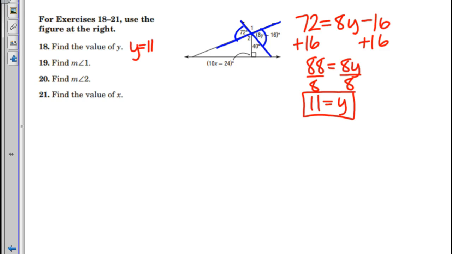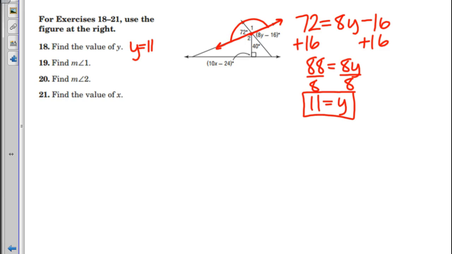All right, now we are supposed to find the value of angle 1. So we can use what we just found if we want to, but we also know that these two guys are a linear pair. From the vertex, this ray and this ray are opposite, which means they make a straight angle and add to be 180 degrees.